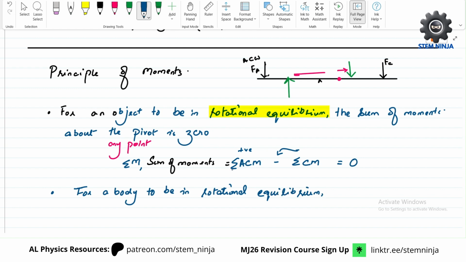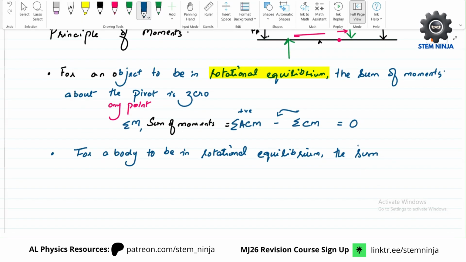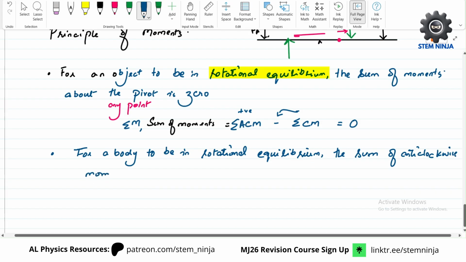It's not just simply that the sum of moments is zero, or the sum of anti-clockwise is equal to clockwise. It has to be that we are talking about a body in equilibrium, in rotational equilibrium at the very least. The sum of anti-clockwise moments is equal to the sum of clockwise moments.